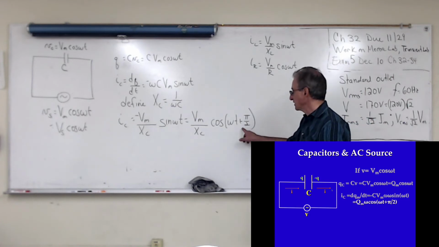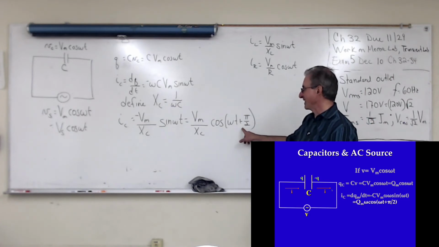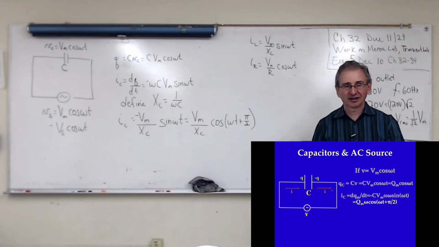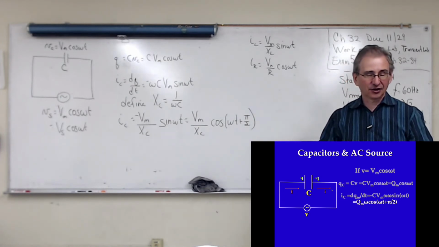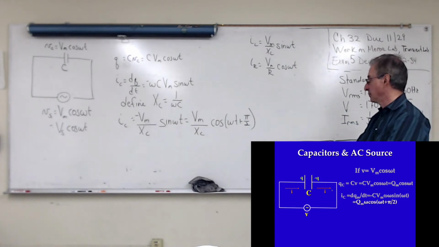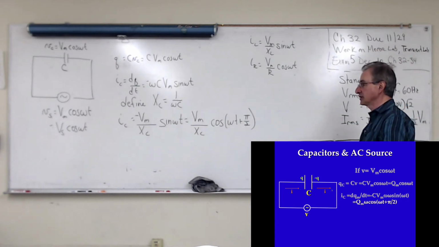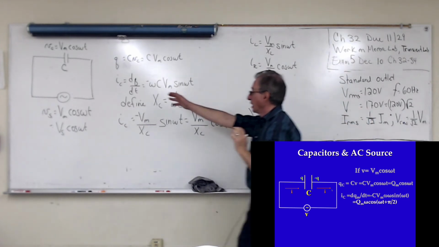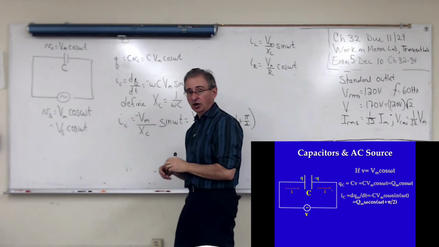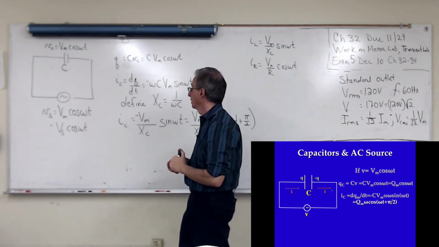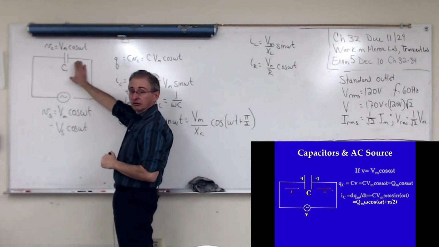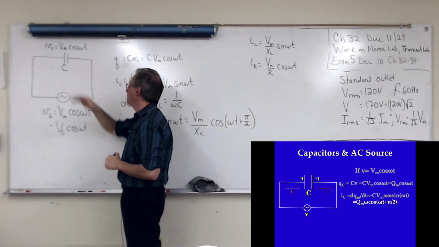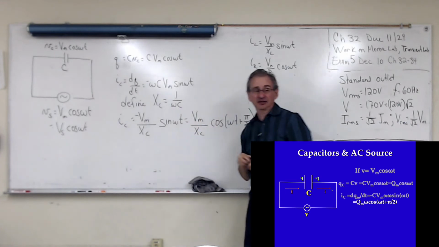Now in this case, the current is ahead of the voltage by 90 degrees. The current leads the voltage when you have a capacitor in a circuit. Granted, I've drawn just a capacitor by itself, but the current through the capacitor, if I can say that, leads the voltage by pi over 2, 90 degrees.